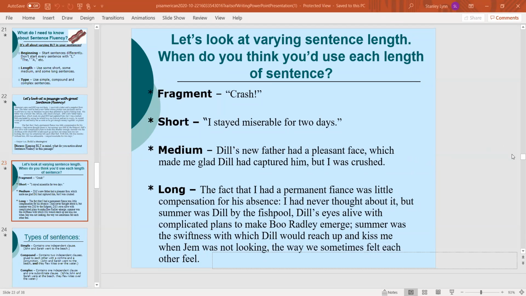And she says, "The fact that I had a permanent fiance was little compensation for his absence. I had never thought about it, but summer was Dill by the fish pool. Dill's eyes alive with complicated plans to make Boo Radley emerge. Summer was the swiftness with which Dill would reach up and kiss me when Jim was not looking, the way we sometimes felt each other feel." Okay?